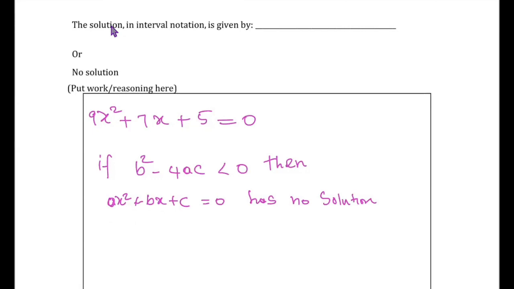This expression ax squared plus bx plus c will never be 0.